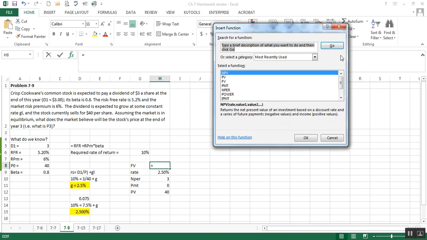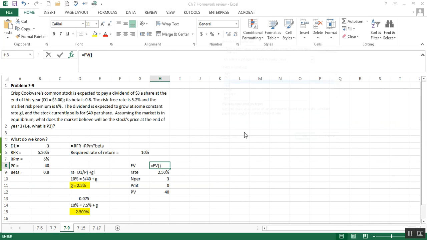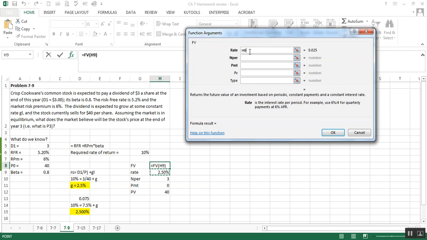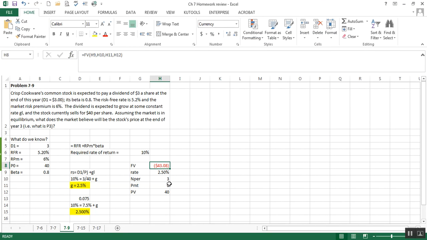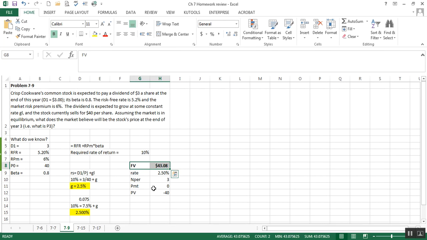Using our future value formula, we would put in our rate, number of periods, payment, and present value. Let's put that in as a negative. So our stock price in year 3 is expected to be $43.08.